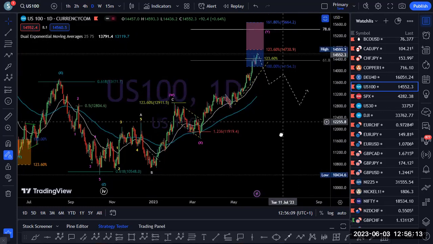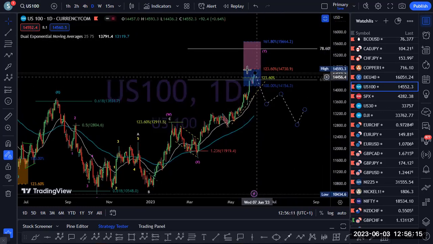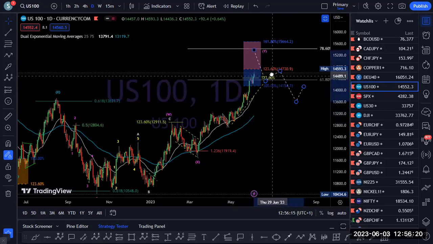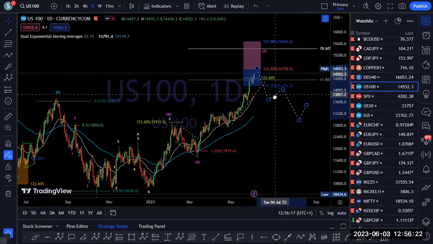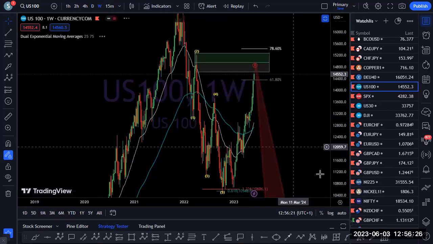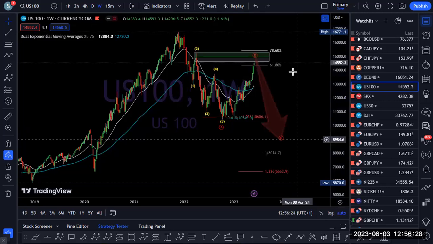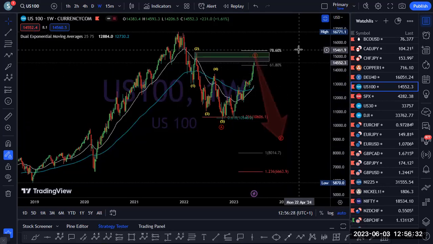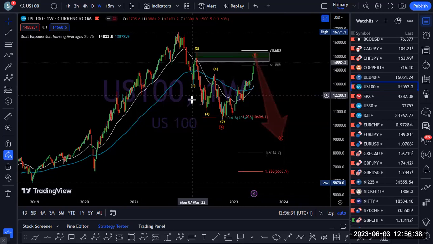Now, will it reverse at the normal reversal zone, or will it go higher into the extreme zone? I don't know. Whenever the market is in this type of situation, if you have experience, you'll be monitoring it on the 1 hour time frame. But what I can assure you is that NASDAQ can make an ABC, a big ABC. This is the weekly chart.